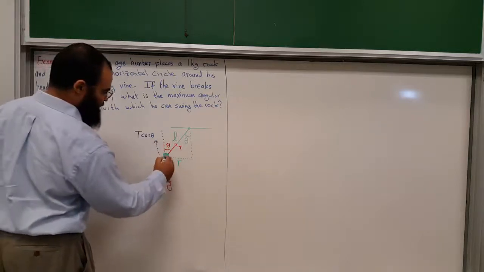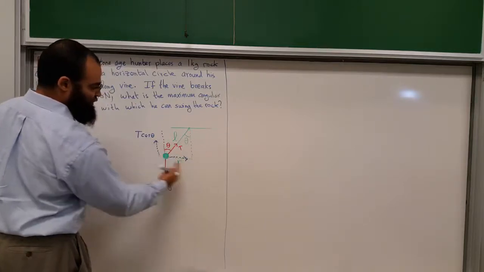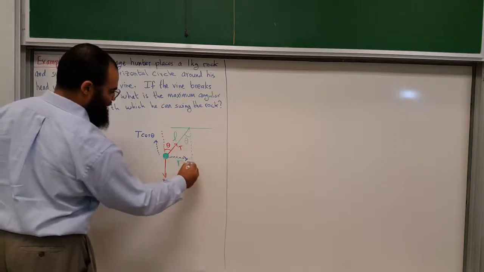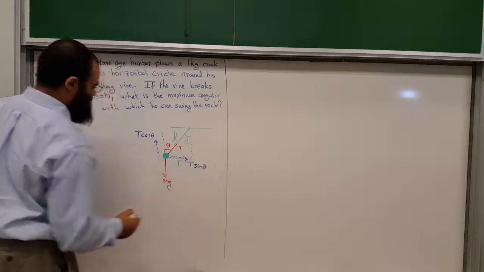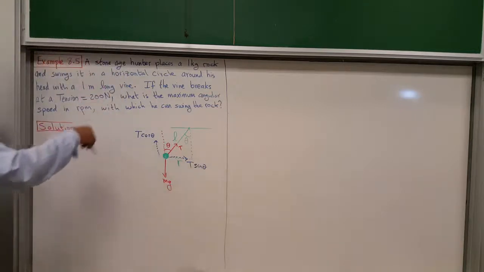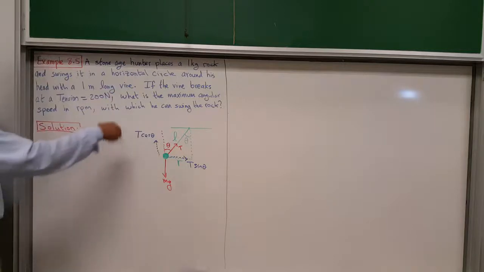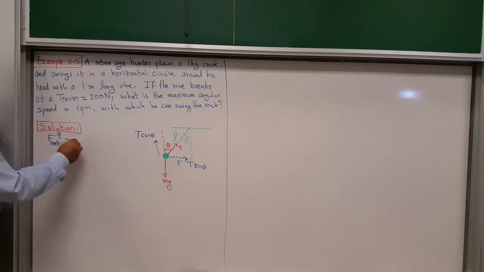And then the tension also has a component in this direction. That's the one that causes the circular motion this way. So this is T times the sine of theta, since it's the opposite. So in this vertical direction, the z direction, the net force is equal to 0, because there is no motion in the z direction.